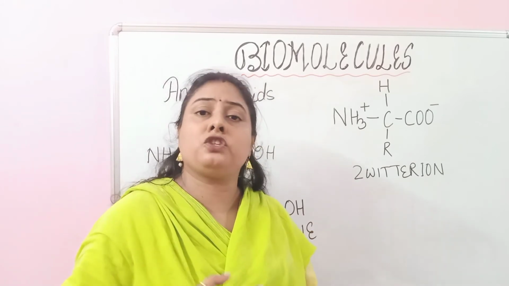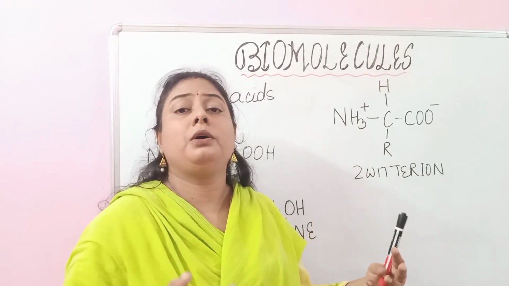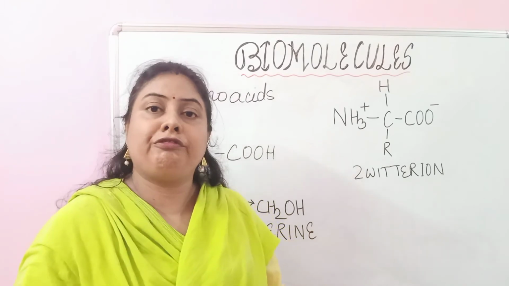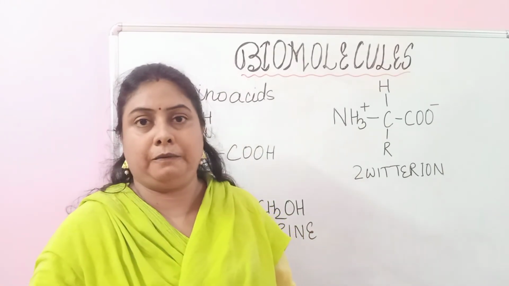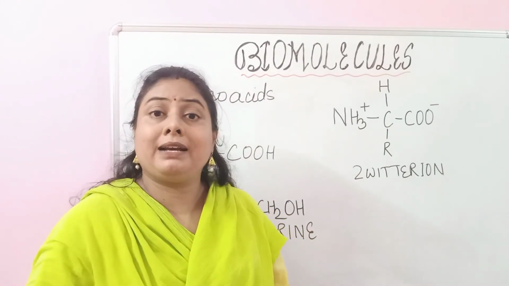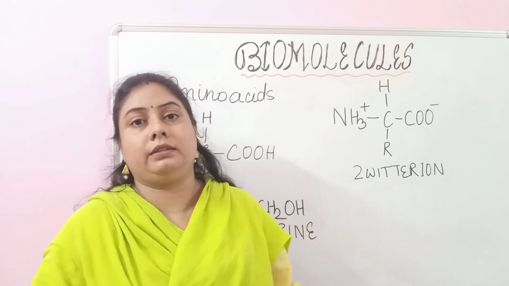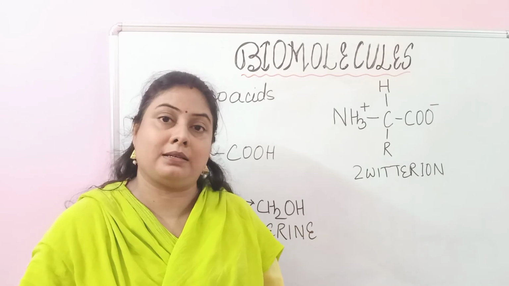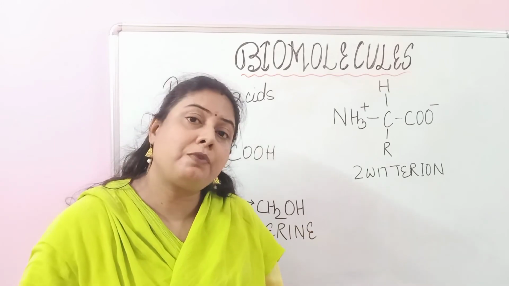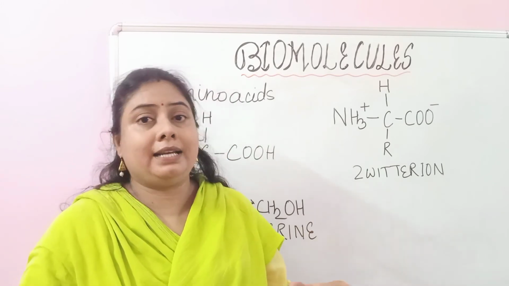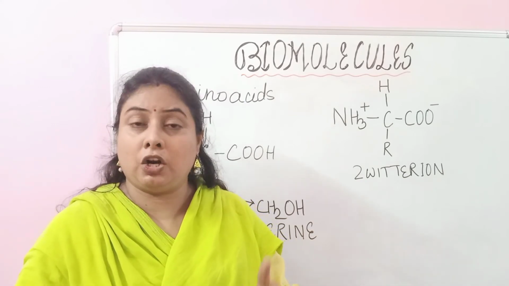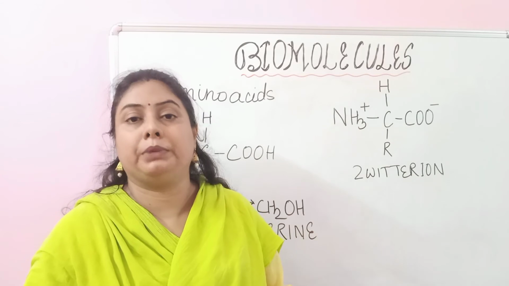Then the coiling and supercoiling of the polypeptide chain occurs to form the active protein. So we can say proteins are heteropolymers of amino acids. Why heteropolymer? Because it consists of different amino acids and not a homopolymer.